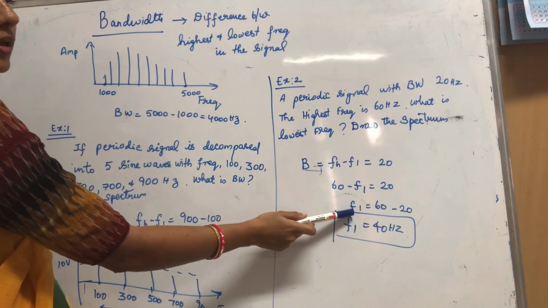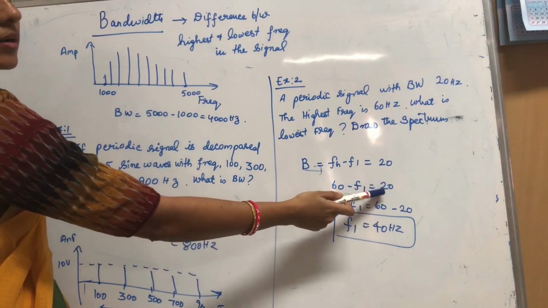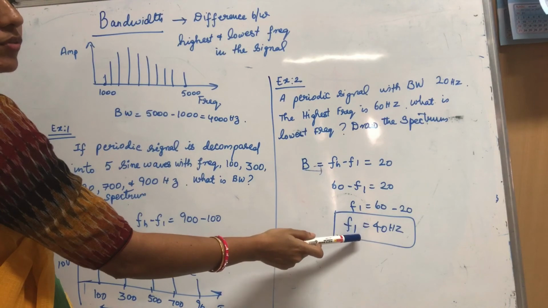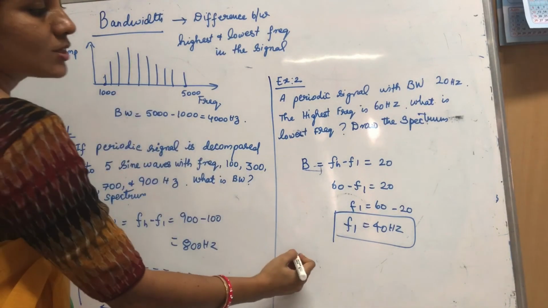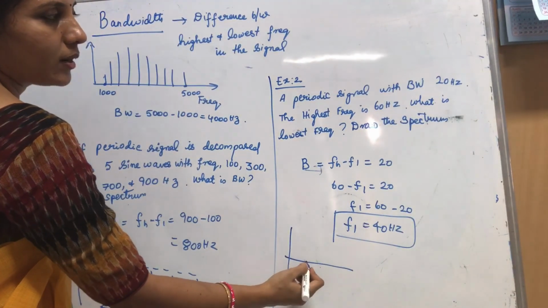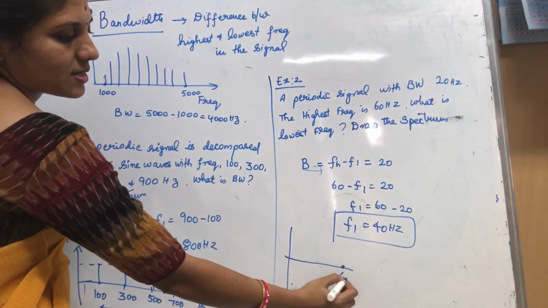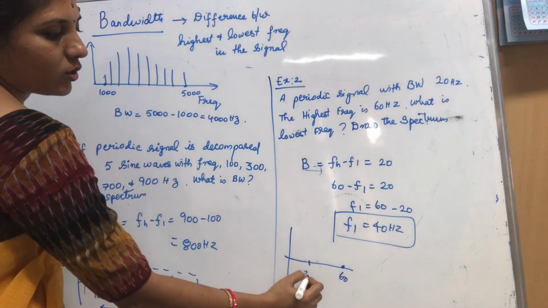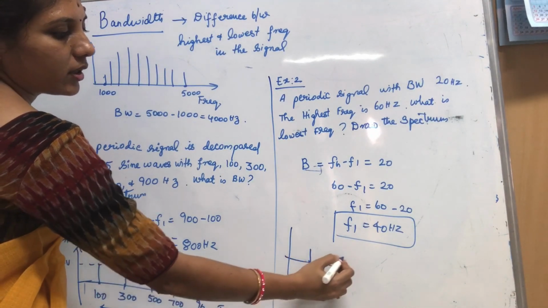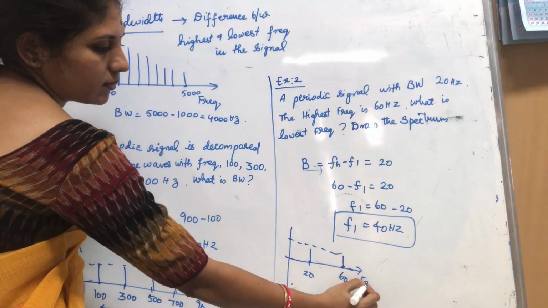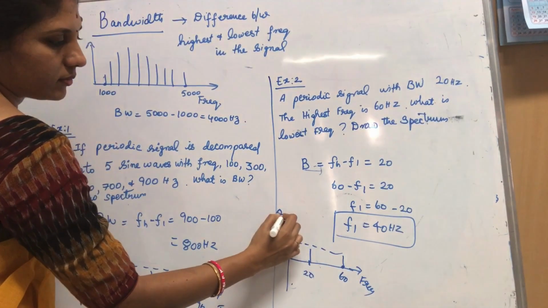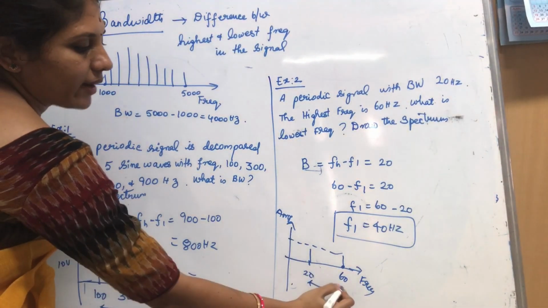Moving the 20 to the other side, we get the lowest frequency as 40 hertz. When we draw the spectrum, we get it like this: the highest frequency is 60 and the lowest frequency is 40, and each has the same amplitude. And this is the bandwidth between these two.